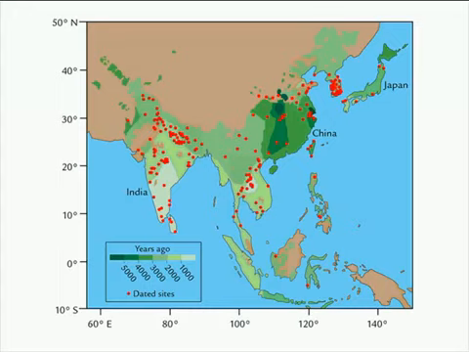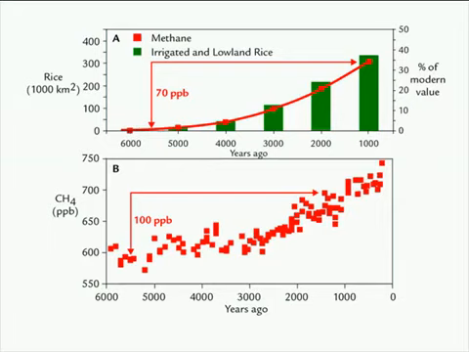Now, Dorian took those data and he assumed that as rice first arrived in a given area, it would spread, it would become more densely farmed within that area based on population, on estimated population. And so he compiled a plot of the total area under irrigated rice agriculture from 6,000 to 1,000 years ago, which is shown in green.